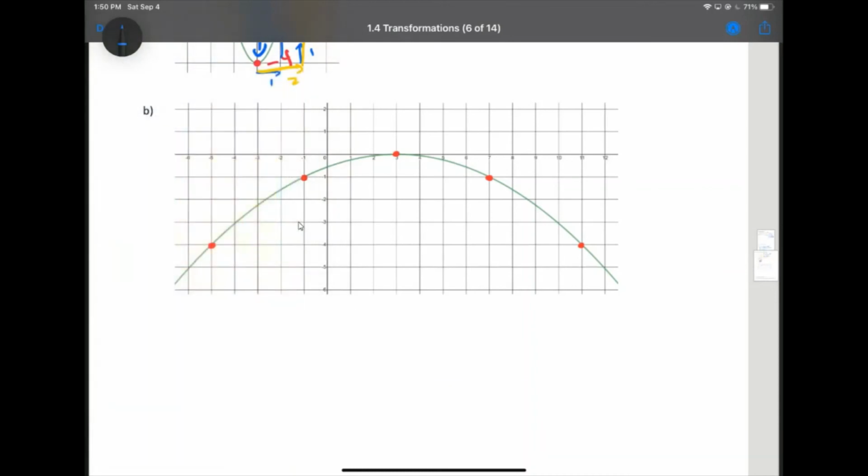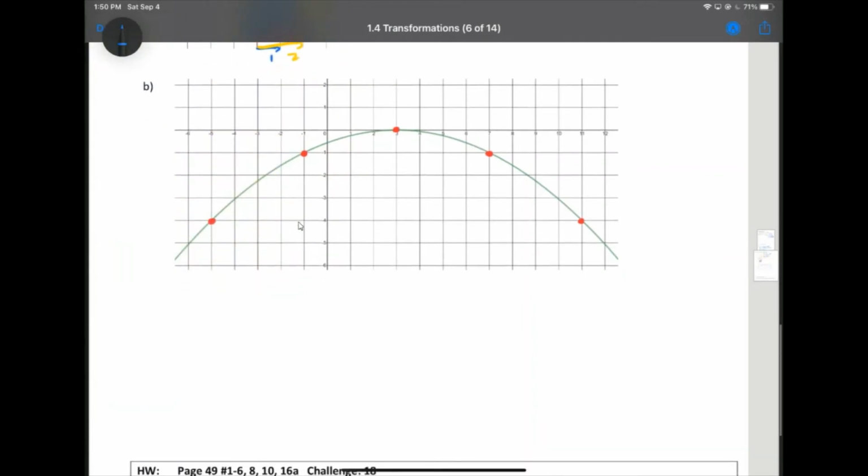So again, starting off with our base function, that is a quadratic, y equals x squared. Now in this case, there is no up and down transformation. There's no translation downwards or upwards, so we can skip the c at the end.